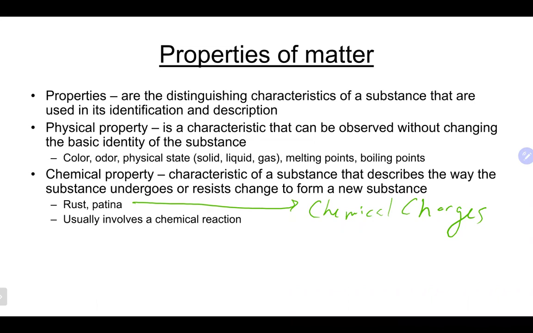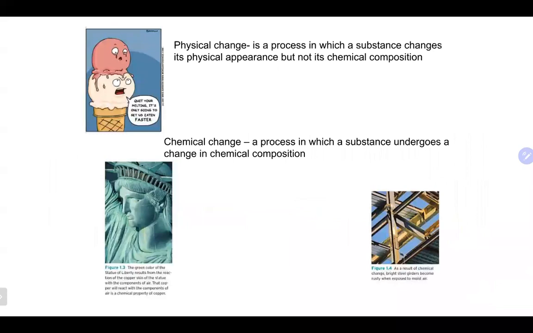So a main difference between physical changes and chemical changes, which we're going to talk about on the next slide, is that in a physical change, whatever you start with, when you're done with the process, you still fundamentally have the exact same thing.